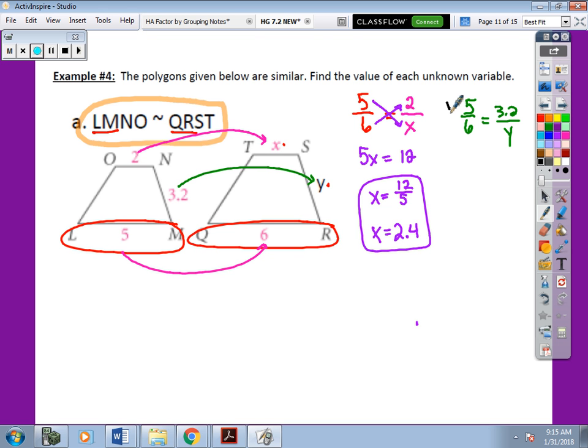These are very easy, but if you want to make sure, jot down first and second to make sure you put them in the right spot, because if you put them in the wrong spot and cross multiply, you'll get the wrong answer. And then we just cross multiply that. We get 5y equals 19.2 divided by 5. Get y is 3.84.